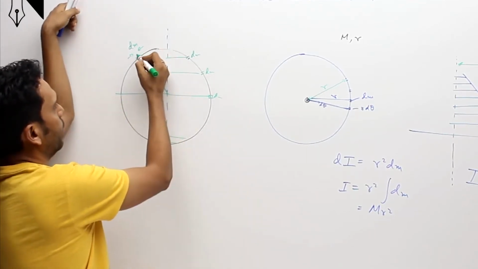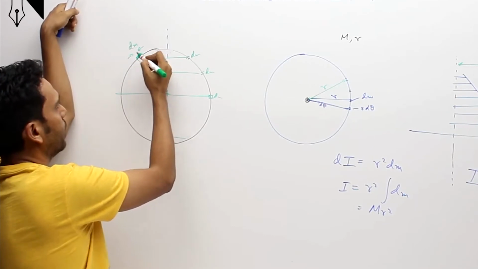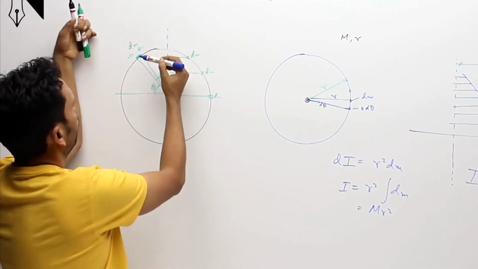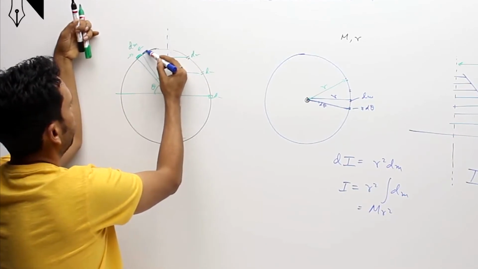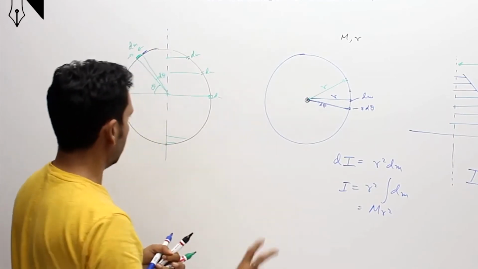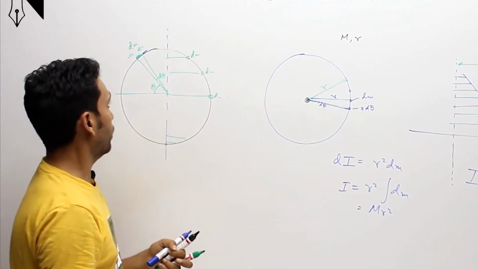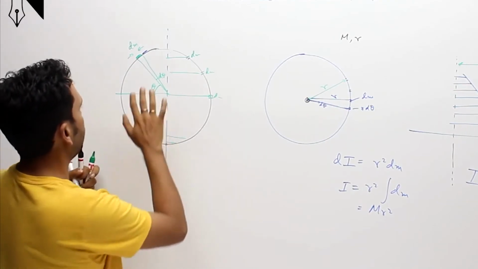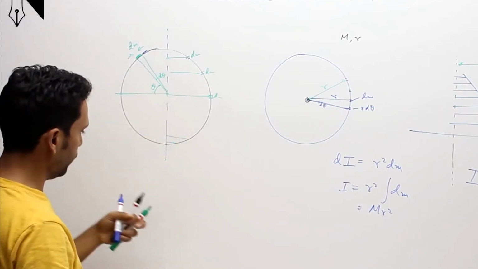You have taken care of all the things lying within that d theta scope, so that the next d theta takes the rest of the mass. So you are not leaving any mass, you are not overlapping masses. You have to be careful in integration: should not be overlapping, should not be leaving spaces. So that's my plan of integrating.